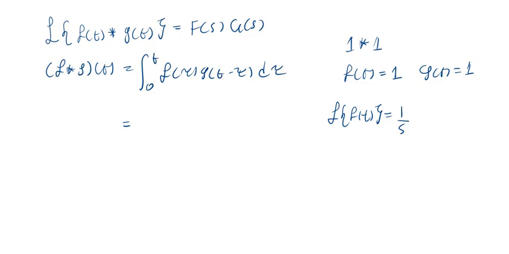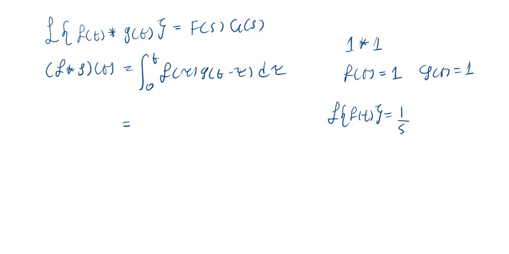So which method would you prefer using here? I think using the convolution integral here is much more convenient because it takes you direct to what you're looking for. Sometimes it can be a bit tedious to look for the inverse.